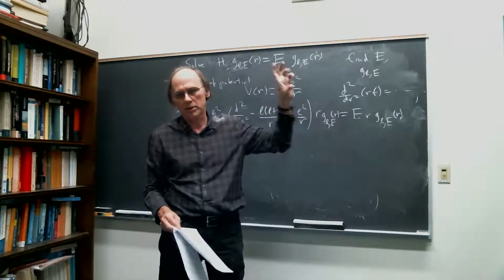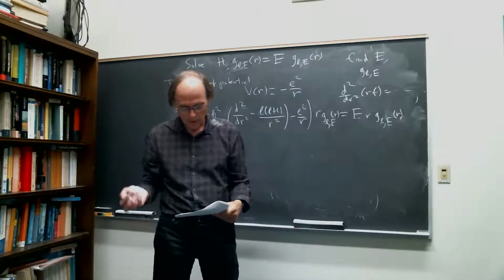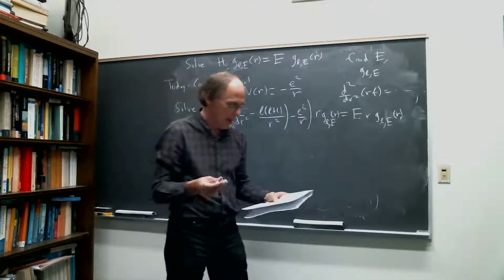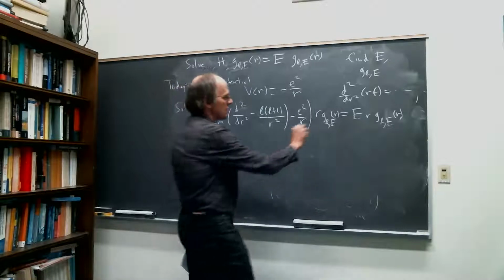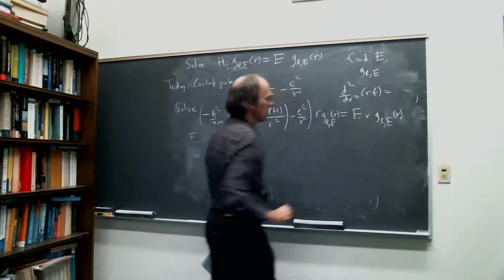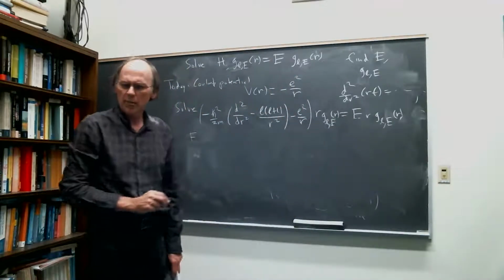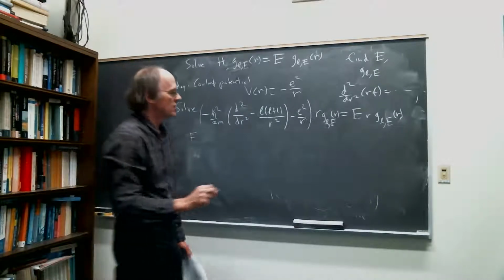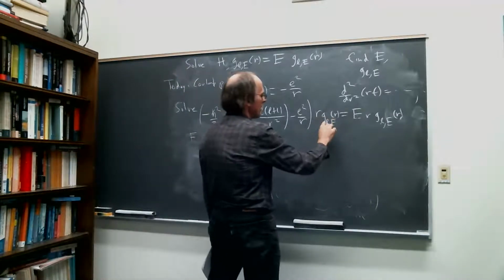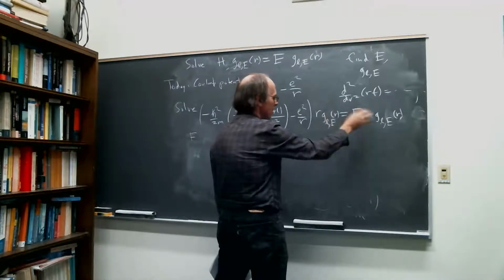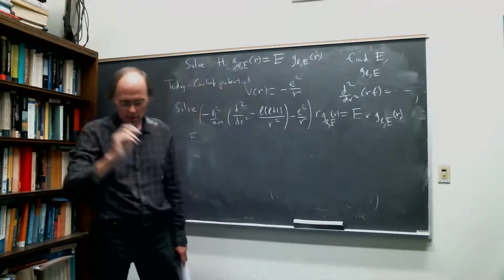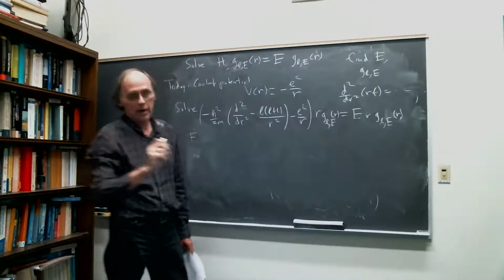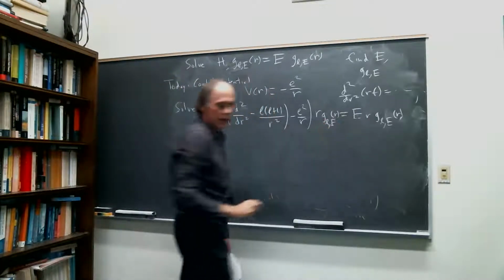So they had multiplicity L. Now I'm getting confused. Is it multiplicity L or 2L? Anyway, each one of these then you have to multiply by the spherical harmonics in order to get the real eigenfunctions.